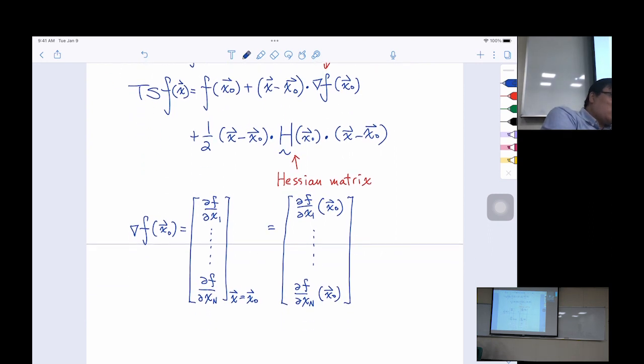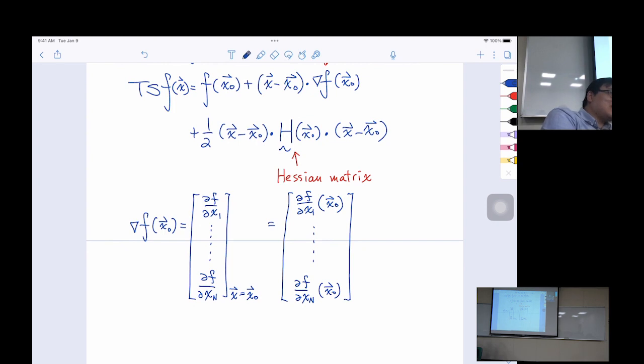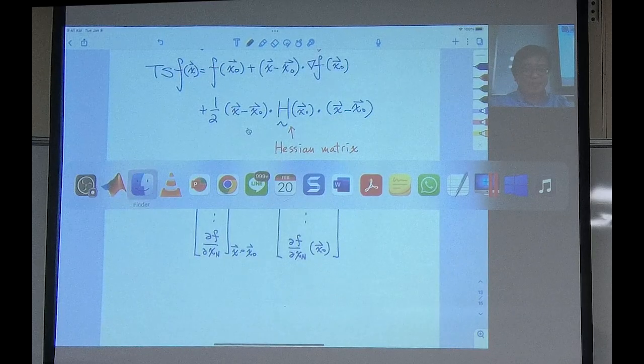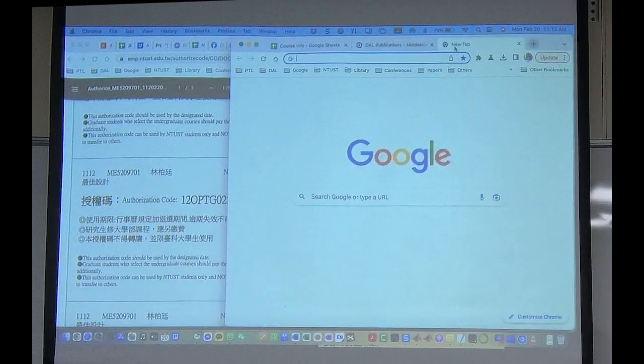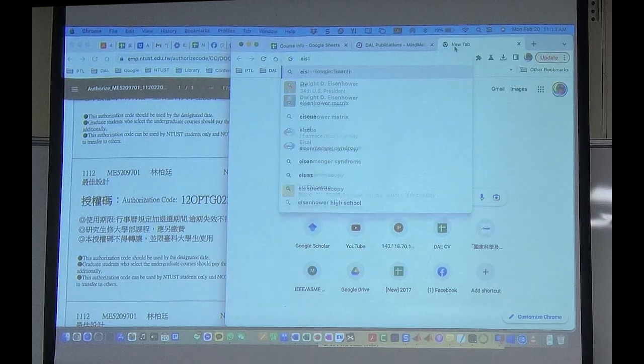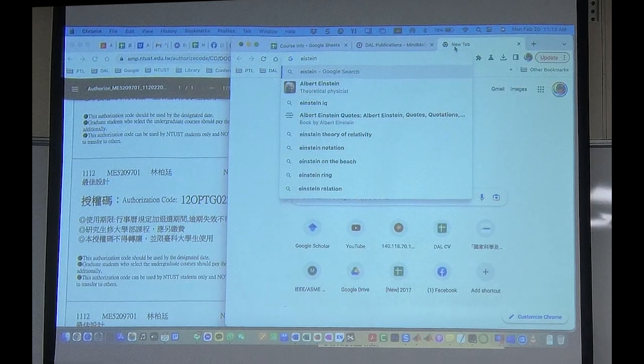Does anyone know Einstein's notation? Really? Okay, very good. So you know this? Okay. That's good. So let me say something about Einstein's notation. The Einstein, okay, real Albert Einstein.